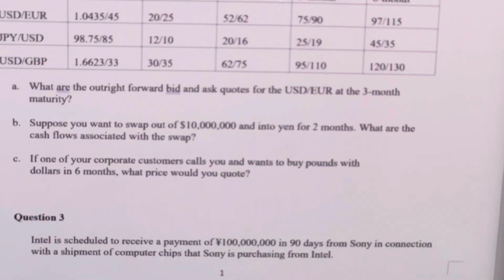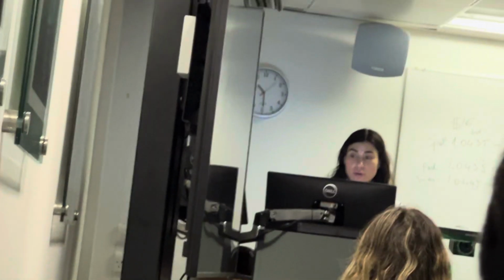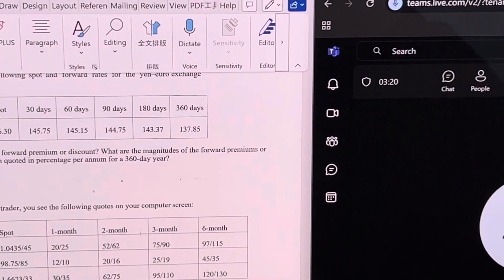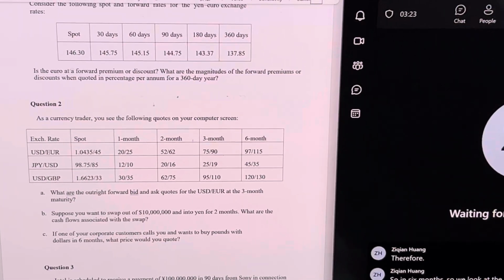So if a customer calls you and they want to buy pounds with dollars in 6 months, what price would you quote? So you are the bank and a customer calls you. They want to buy pounds, therefore, in 6 months, so we look at the USD/GBP rate at that row, and it is in 6 months.